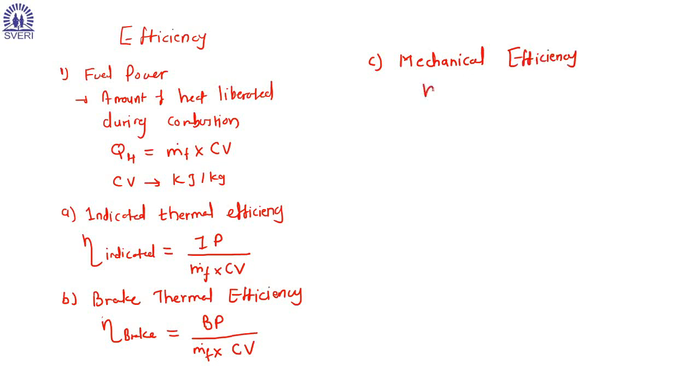Mechanical efficiency, as we have seen, is the ratio of brake power to the indicated power, which equals brake mean effective pressure divided by indicated mean effective pressure. So that is PBM divided by PIM. Next, we have volumetric efficiency.